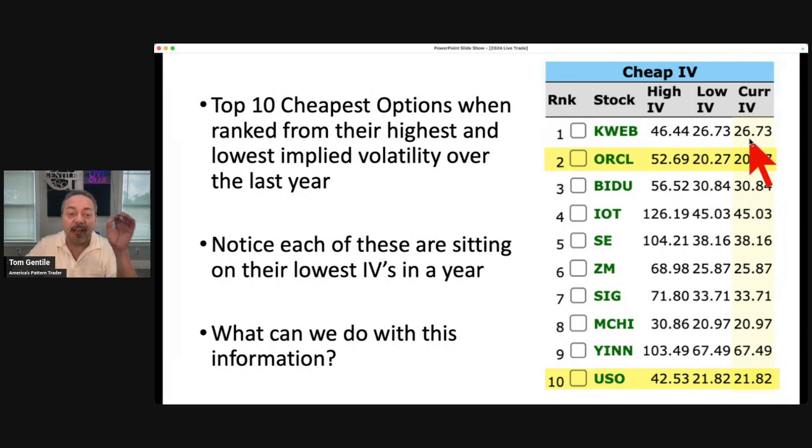It means it's sitting on as cheap as it's been in the last year. There's Oracle. I highlighted that because that was a chart that I just showed you. Baidu, IoT, SE, Zoom, SIG, MCHI, YINN, and USO round out the top 10 cheapest options right now.